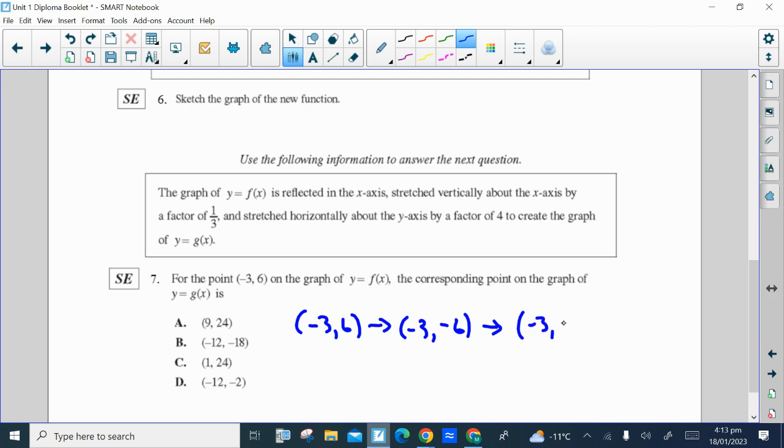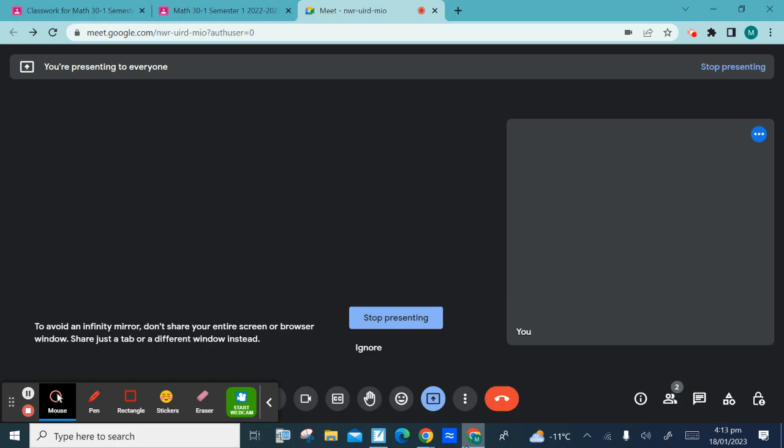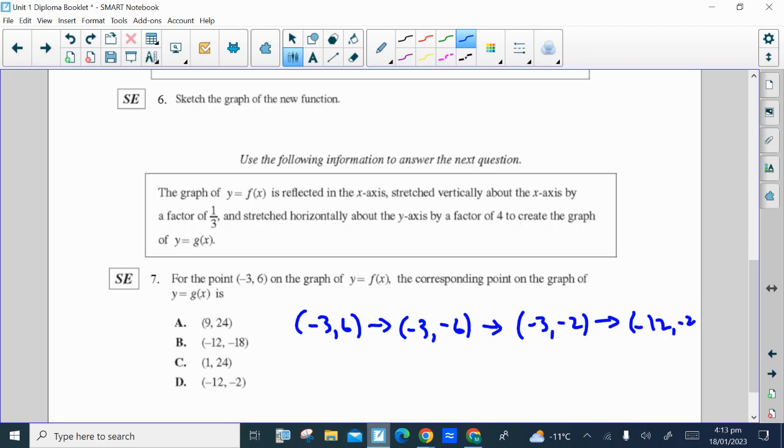So the negative 6 will become negative 2. If you horizontally stretch by a factor of 4, you're going to multiply the x value by 4. It will become negative 12, negative 2. And that's your final point.